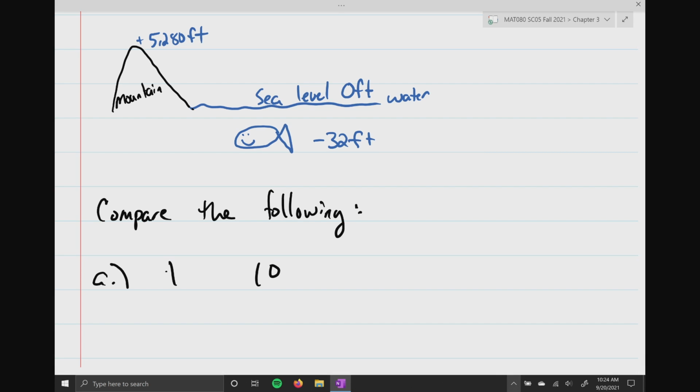Would you agree? All right. I mean, I'd rather have $10 than $1. Now, to compare numbers, we use inequality symbols.